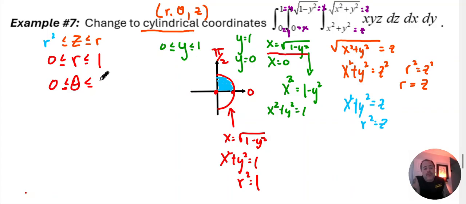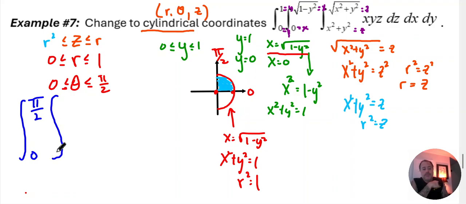If for some reason we had given you the original bounds as -1 to 1, let's say hypothetically, then this would change to -π/2. That's the one thing we want to stress there. So when all is said and done, our overall integral now goes from 0 to π/2, and then from 0 to 1.